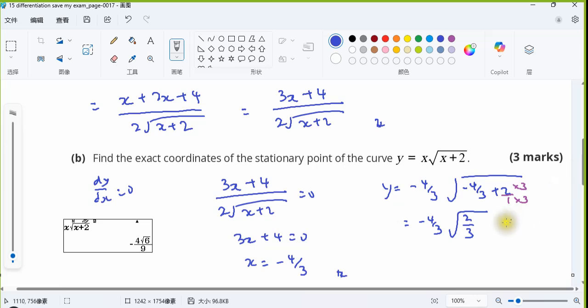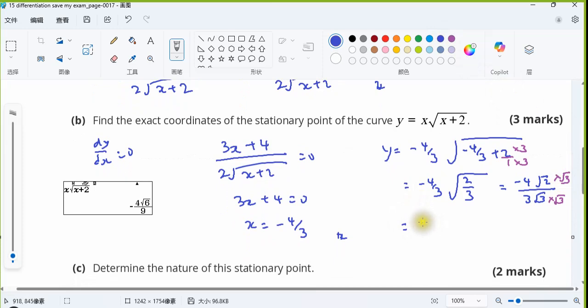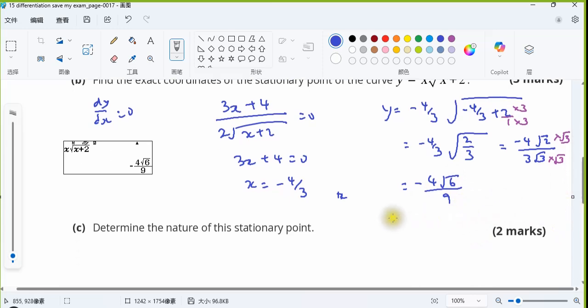Then it will be negative 4 square root 2 over 3 square root 3. Then we multiply by square root 3 to rationalize the denominator. Then it will be negative 4 square root 6 over 9. Okay, so the exact coordinate will be negative 4 over 3, negative 4 square root 6 over 9.